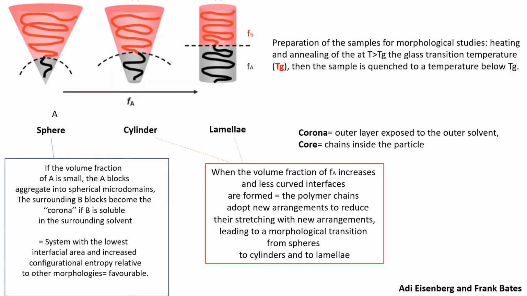We have emphasized determining the volume fraction of block A and block B. When the volume fraction of block A is small, there is a high curvature at the interface of the corona and the core, and we get spheres. Upon increasing the volume fraction of block A, we can shift from sphere to cylinder. Then when the volume fraction of B is close to the volume fraction of A, the interface is flattened and we get lamellae.